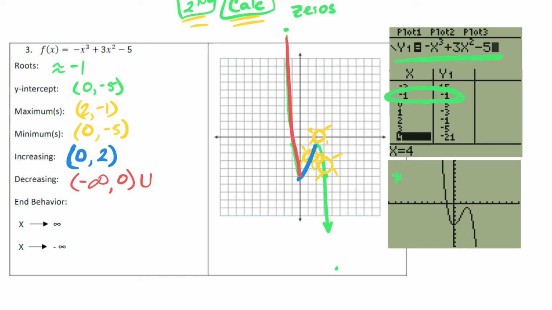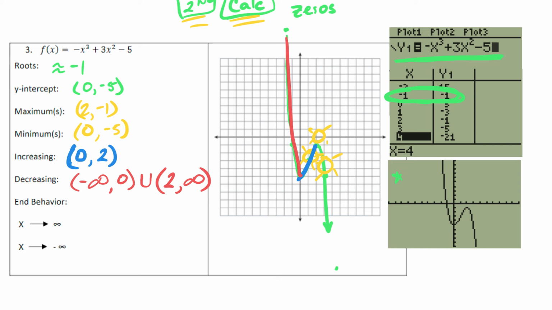When do we start decreasing again? 0, 2, so 0, 2. 2 to infinity. Very good. Is it negative infinity or positive infinity? Yep. Because remember, the increasing and decreasing is, think of it as when, as in the x-axis.